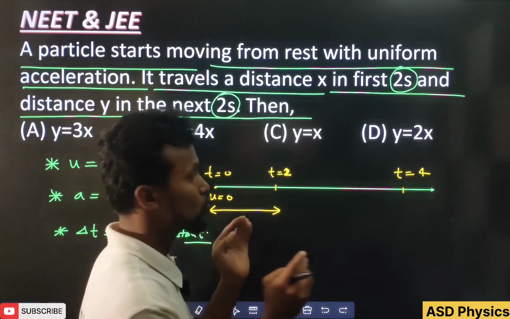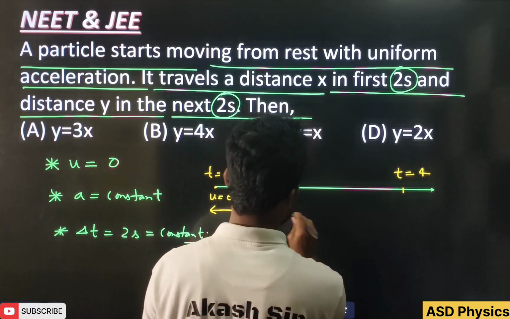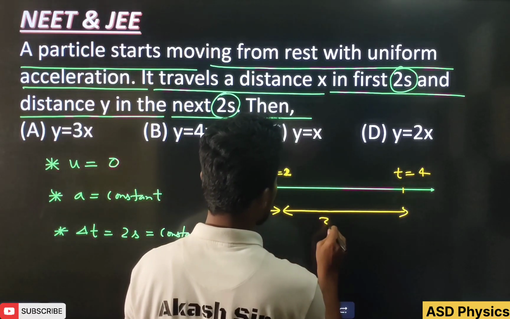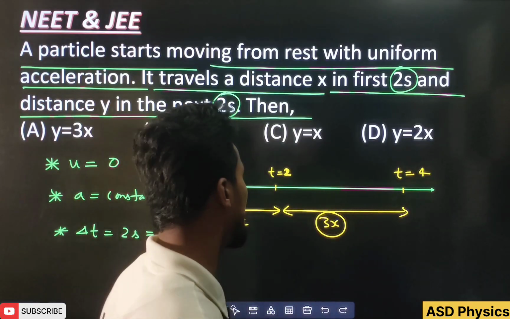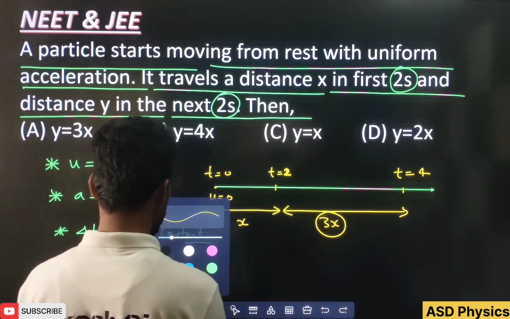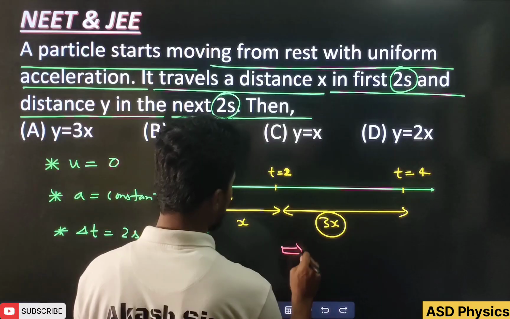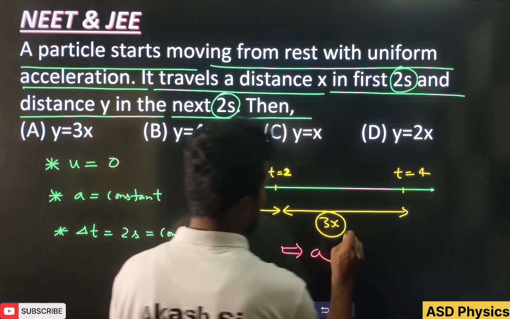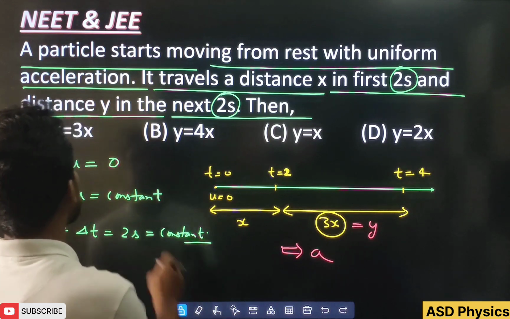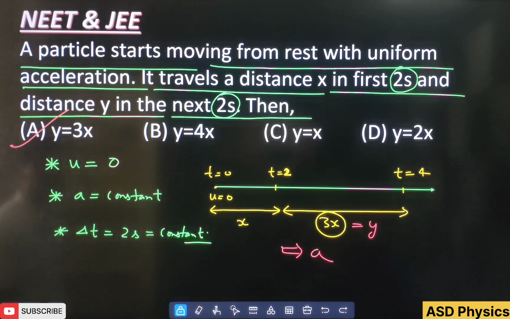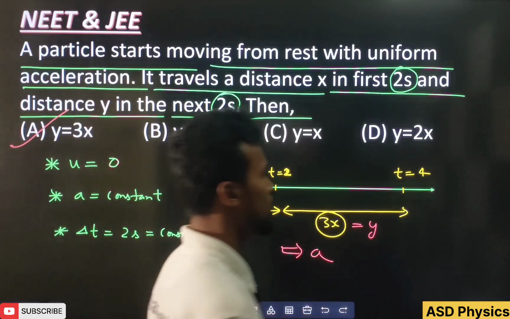First 2 seconds, 0 to 2. Next 2 seconds, 2 to 4. So you know very well it will come 3x. What will come? Odd numbers, 1 is to 3 is to 5 and all that. It will come 3x provided it is moving with a uniform acceleration. In the question they told that this is y. So y is given, y equal to 3x. Three conditions satisfied here. By the diagram also you can see very well y equal to 3x.